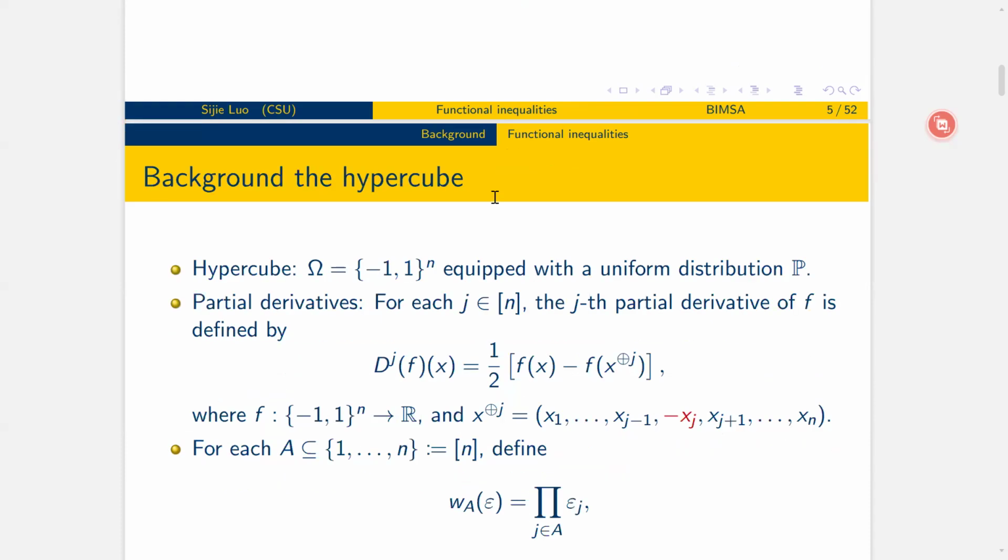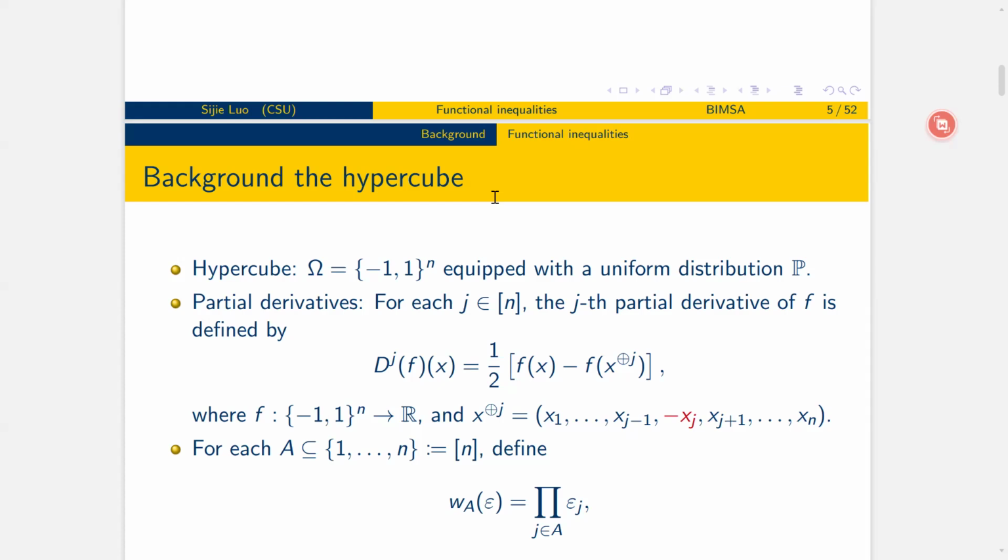It is the Cartesian product of Z2, that is, -1 and 1, in n dimensions, and we equip this group with the uniform distribution.